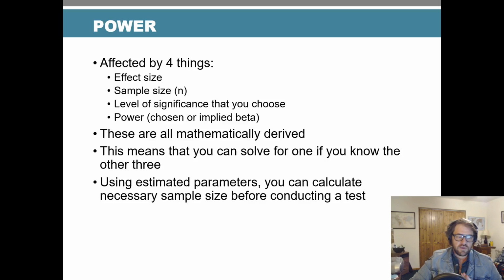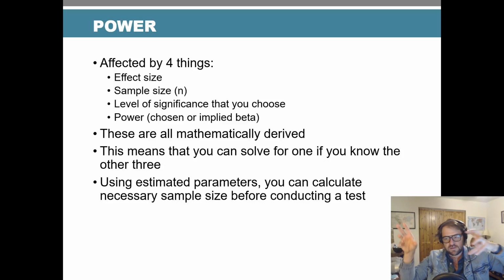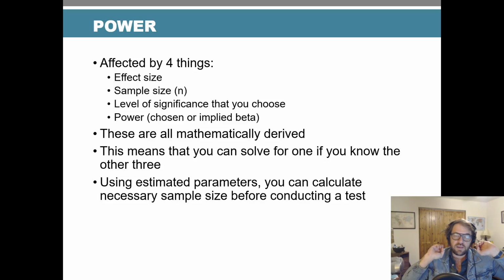You can also estimate your parameters, using the same formula to get the missing one. You can estimate your parameters based on previous studies that you've done or that are in the literature to figure out what sample size you would need before you actually do your research.